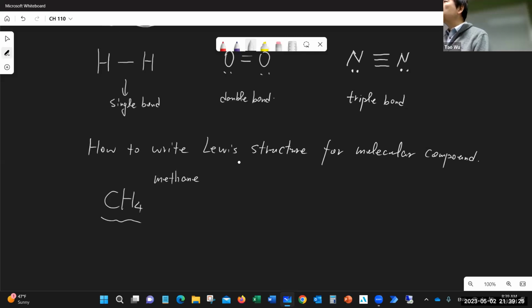First, you need to identify which one is the central atom and which are the side atoms. The central atom is the one that has only one atom. If we only have one atom over here, this is the central atom.